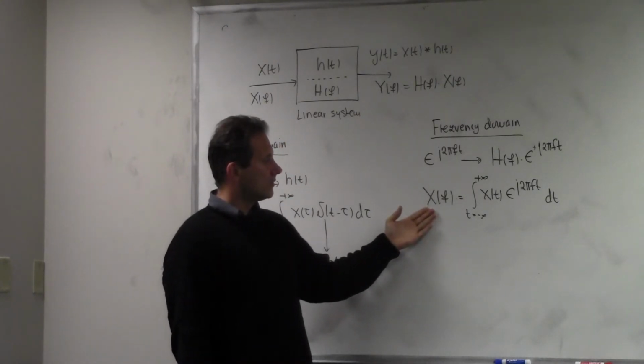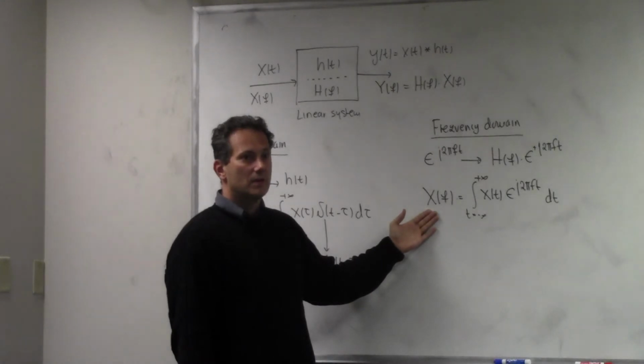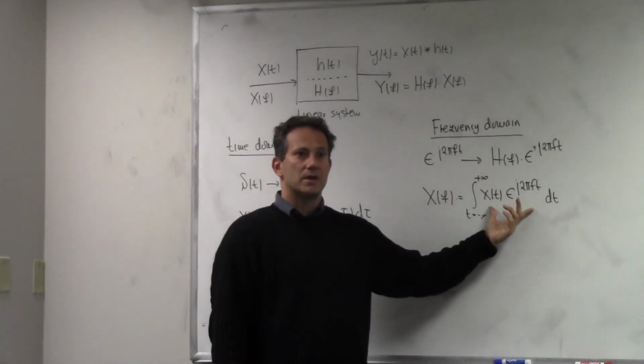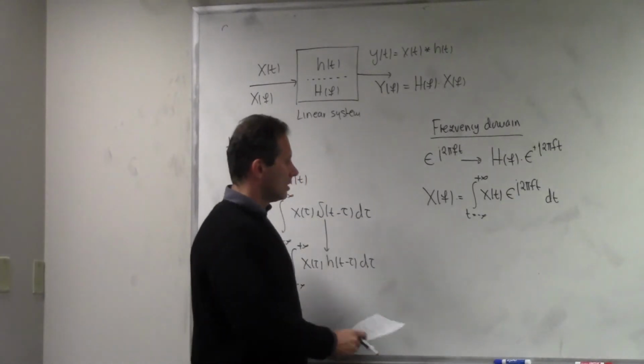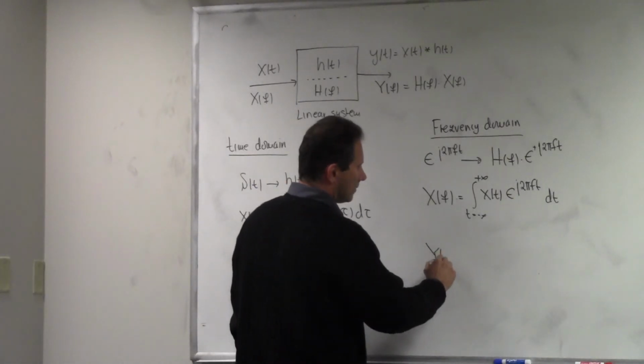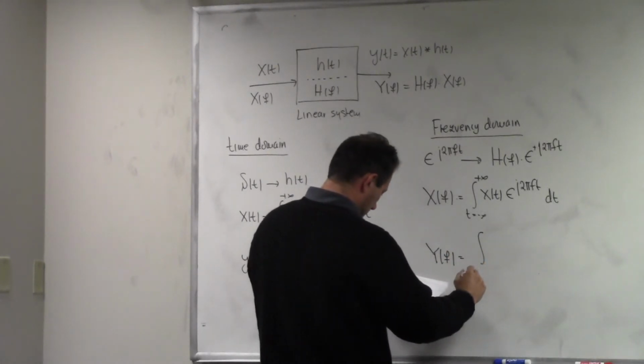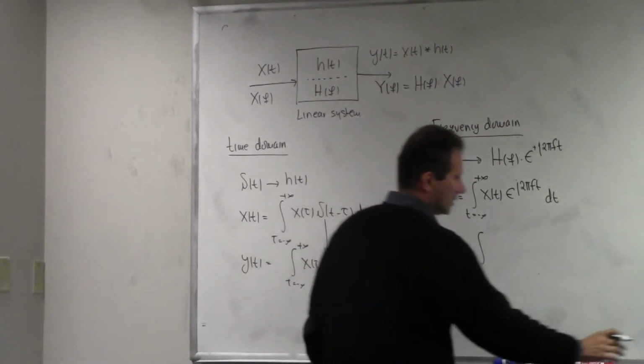I have represented my x of f as a sum of scaled exponentials. Therefore, my y of f is going to be a sum of the responses. So this becomes, sorry, I messed up here.